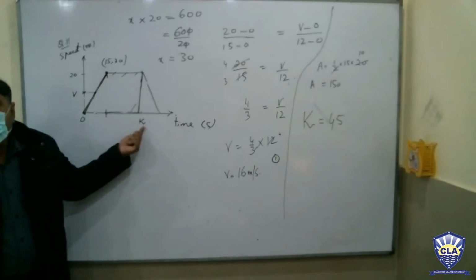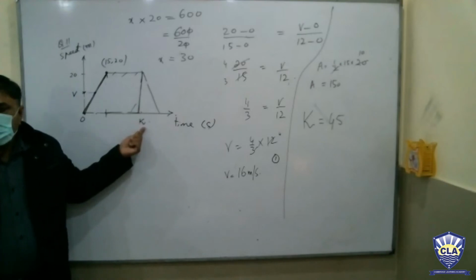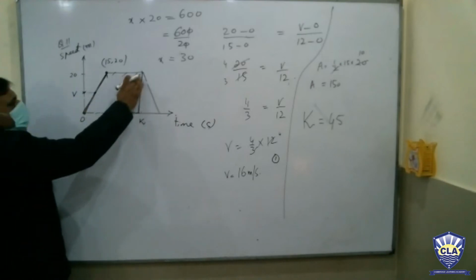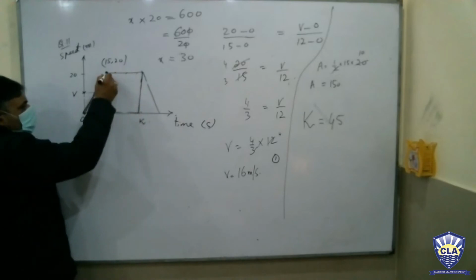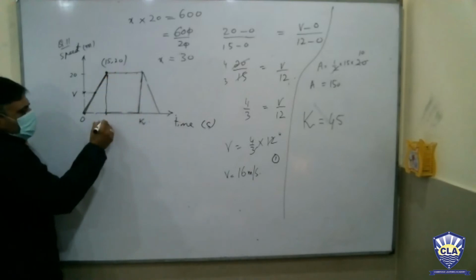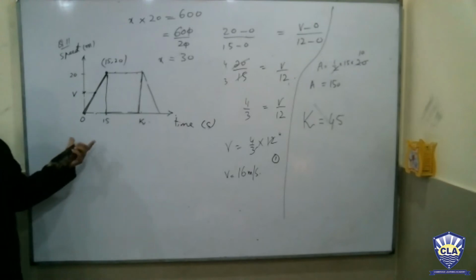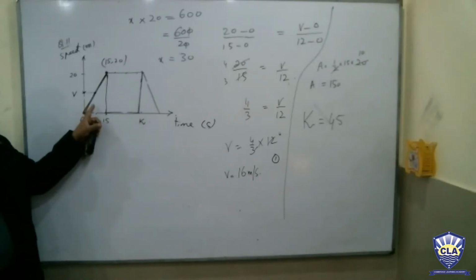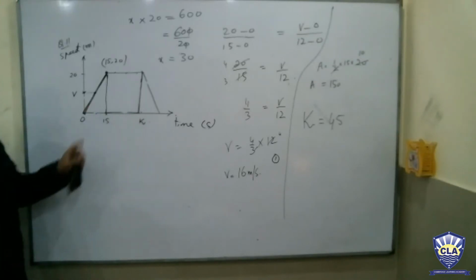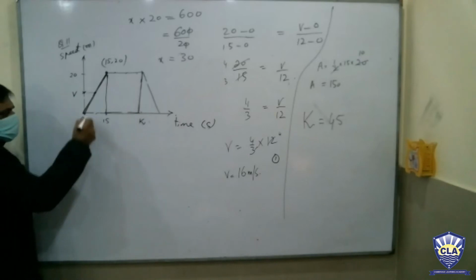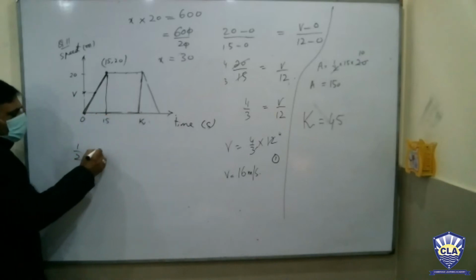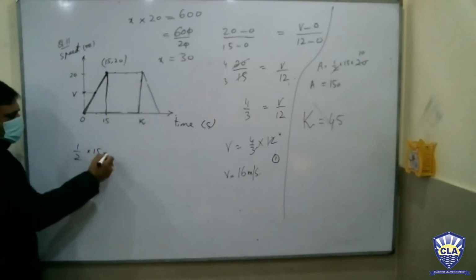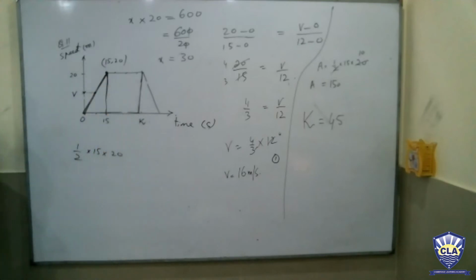He suggested that we divide this shape into a triangle, with 15 given, and this box, which is a rectangle. Area of the triangle is half base into height 20.